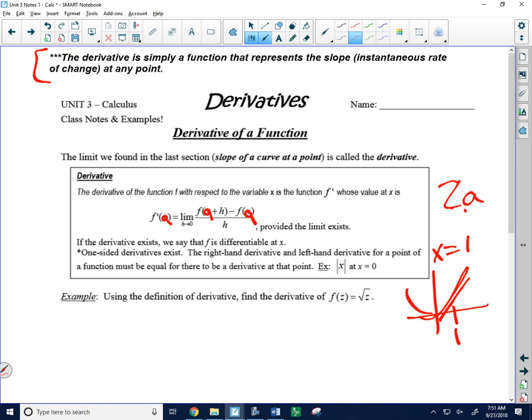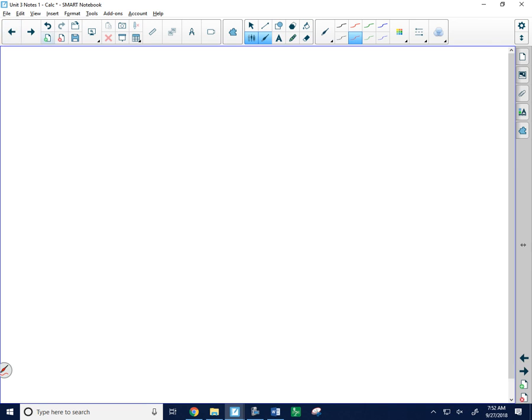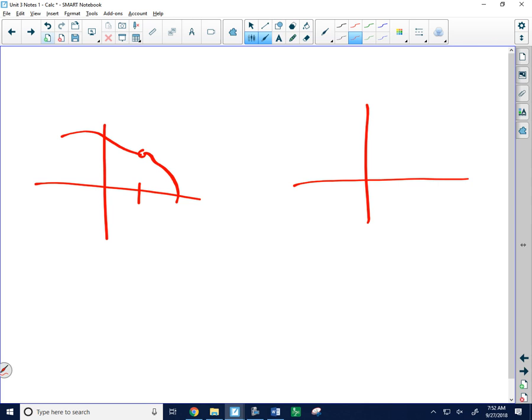And something else I want to say, we don't do a lot of this, but remember how there's limits, and there's one-sided limits. In order for the limit to exist, the left-hand limit and the right-hand limit had to be the same. There could be a hole there, but left and right-hand limits have to be the same. Same for a derivative to exist. The derivative represents slope. A common example is absolute value of x.